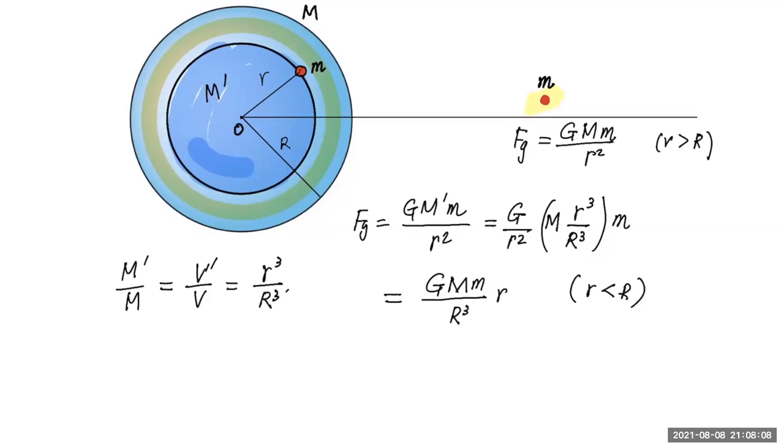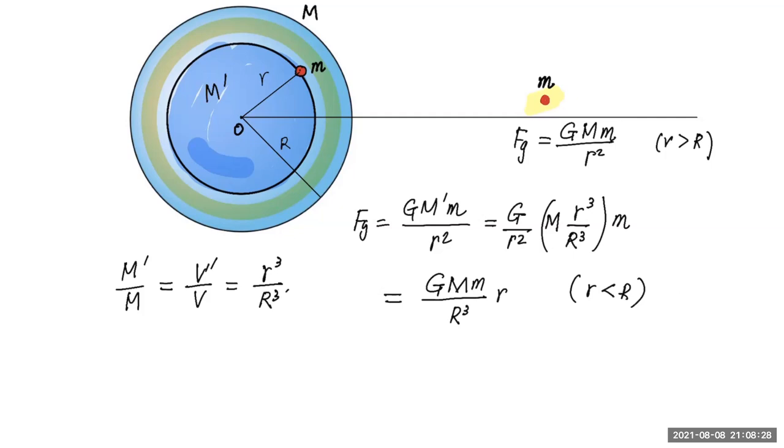In fact, if you put the point mass right at the center of a uniform solid sphere, the force of gravity exerted on it will be 0 because it's being pulled evenly in all directions. So as you move away, the force becomes non-zero. It actually increases linearly.